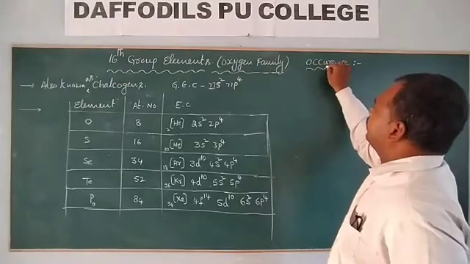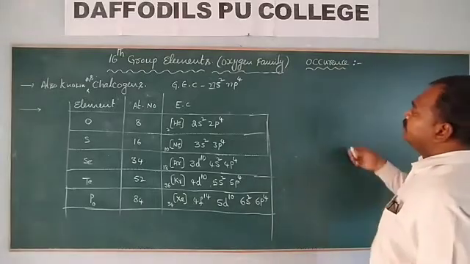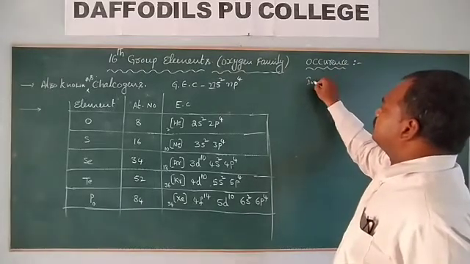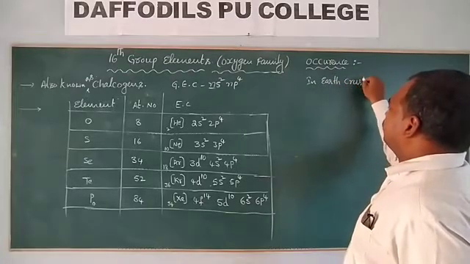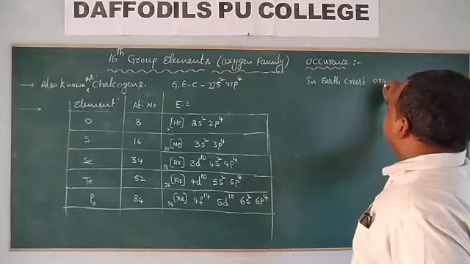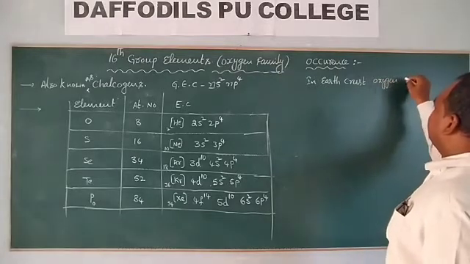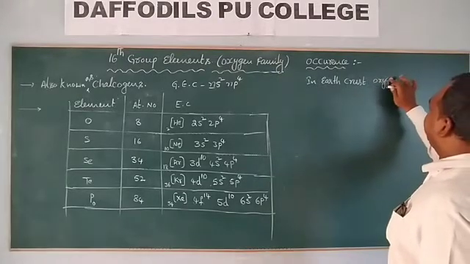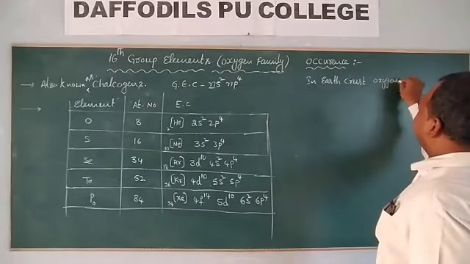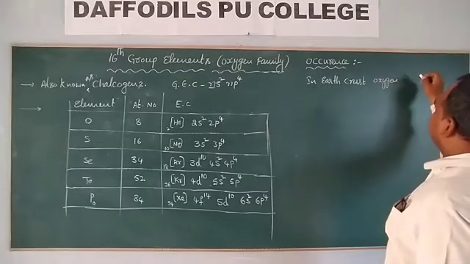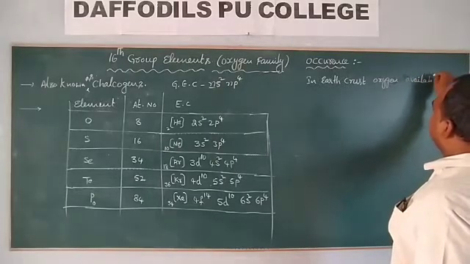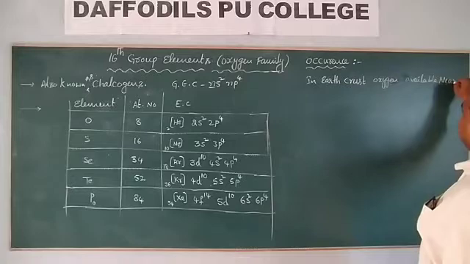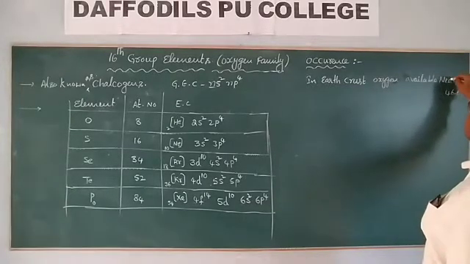Occurrence in the earth's crust: oxygen is available nearly 46.6%.